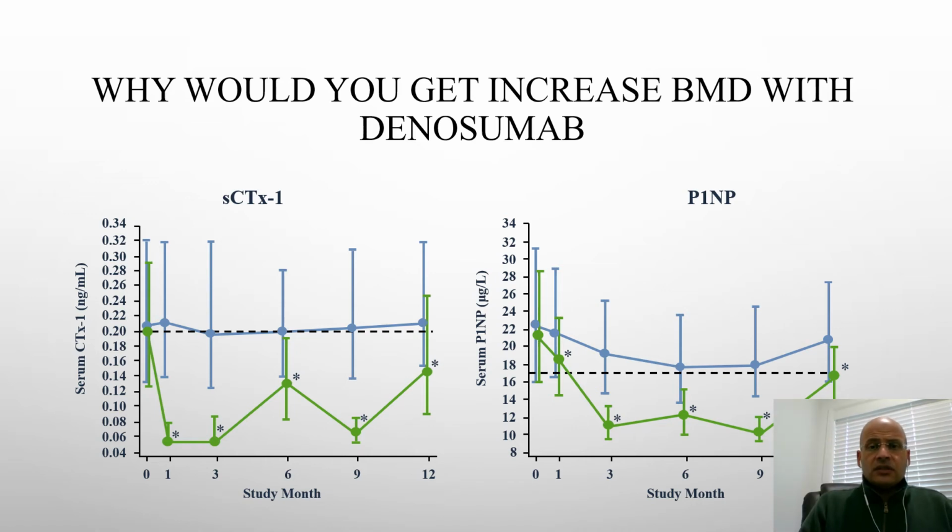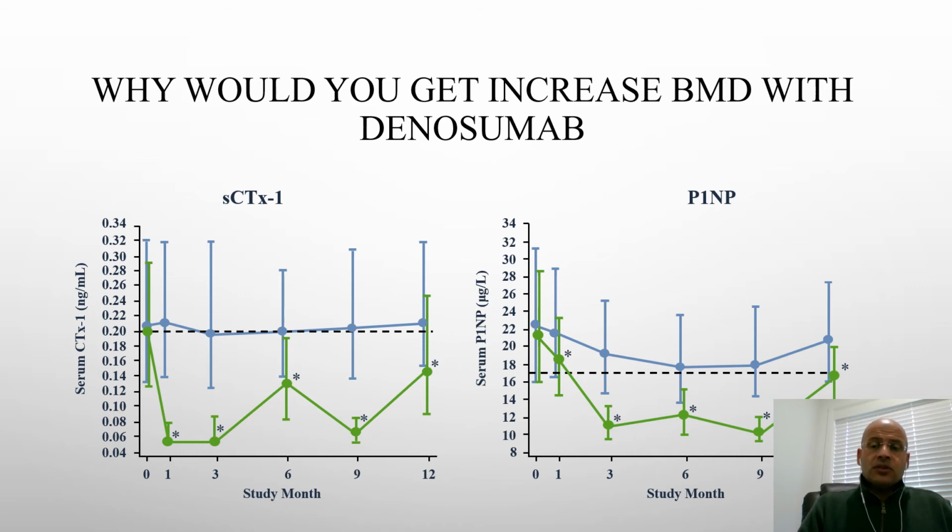And this is a study that compared the bone turnover markers in the denosumab arm, which is in the green, as opposed to the alendronate in the blue line. What I could appreciate is right at the end, after 3 months of the denosumab injection, the CTX starts to climb up, and same thing applies for the P1NP, particularly in the second year, it shoots up.